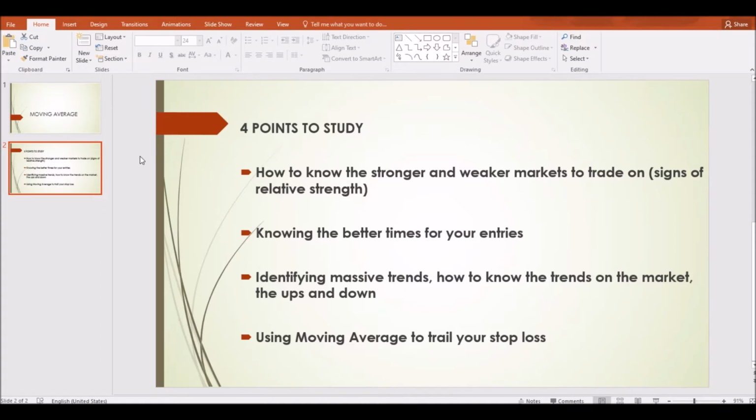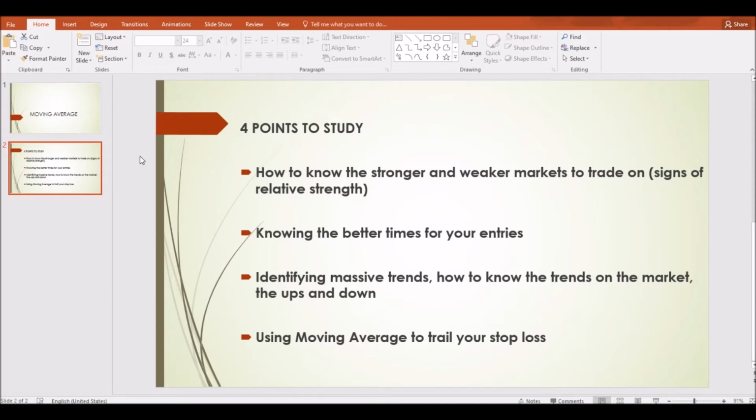On various platforms, they have that setting where you can put different parameters with regards to the time frame of the moving average. For example, if you take the 3 period moving average, it's going to sum up the last three prices on the market.